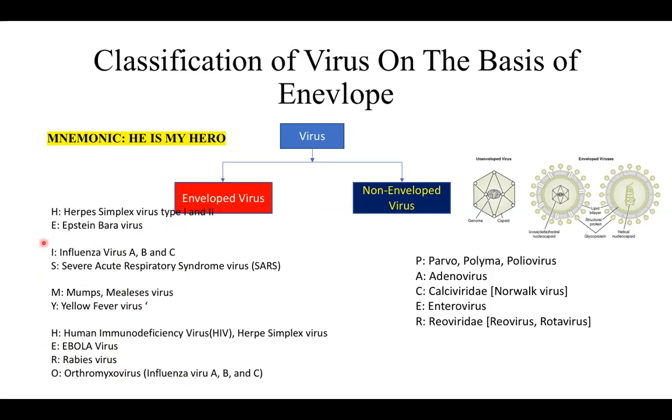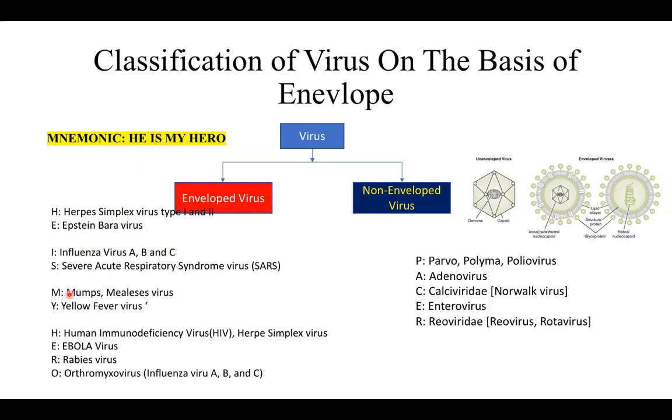That is, the mnemonic to memorize the names of enveloped viruses is he is my hero. That is, H stands for the herpes simplex virus, E stands for the Epstein-Barr virus, I stands for the influenza virus A, B, and C. S stands for the severe acute respiratory syndrome virus, that is SARS virus.